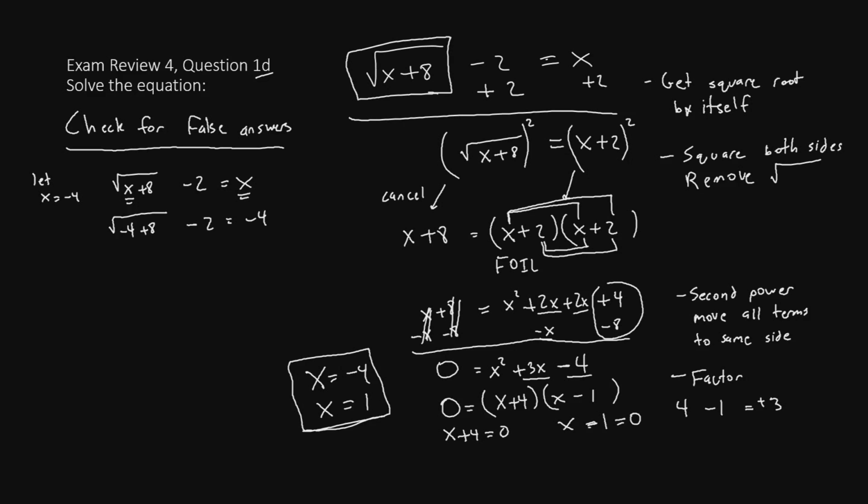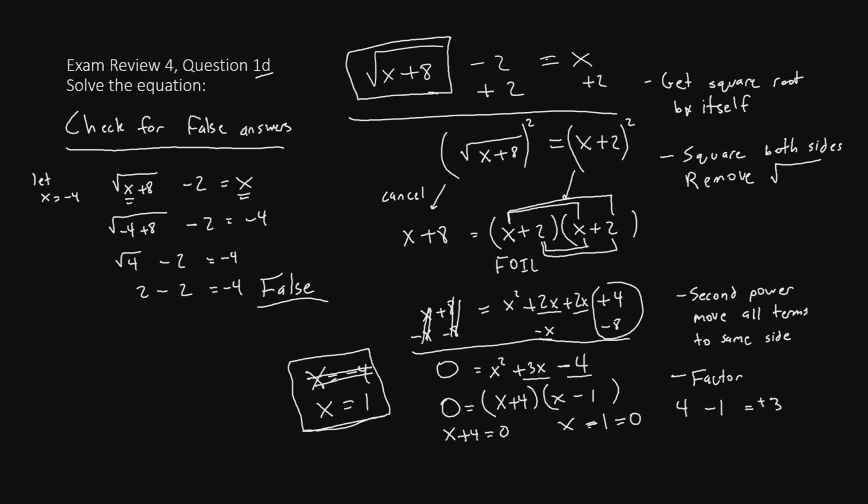So we'll have 8 minus 4 is square root of 4 minus 2 equals negative 4. If we simplify, we know that square root of 4 is just 2, minus 2 equals negative 4. Well, 2 minus 2 definitely does not equal negative 4. That gives us a false statement, and that means x equals negative 4 is not a true solution here.